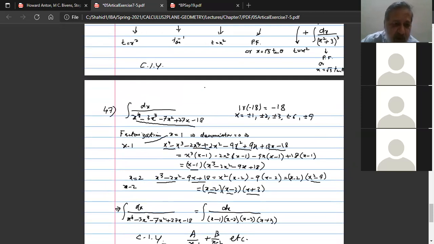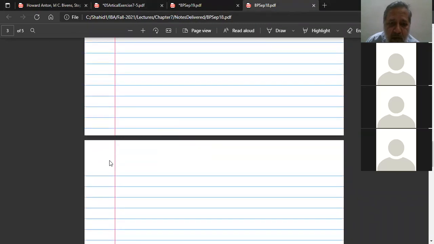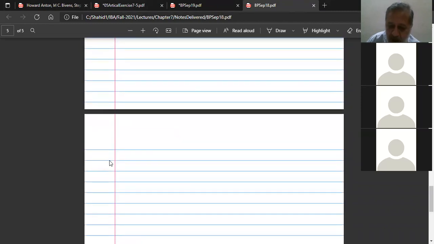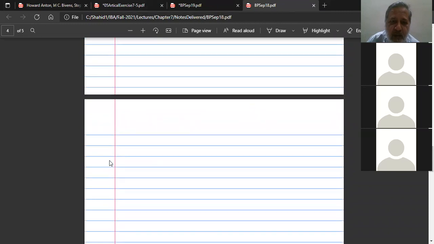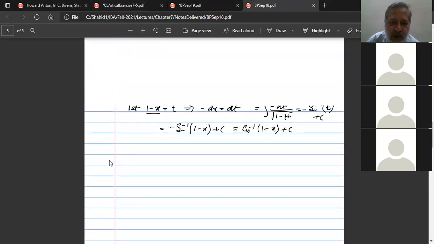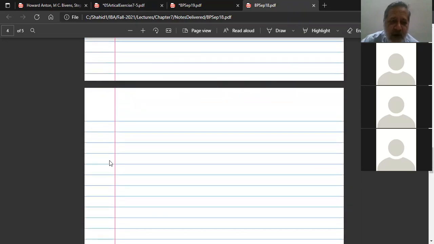Let me search for some empty pages. Yes, I have here some pages. ये मैं पहले शेयर कर चुका हूँ. I will re-share this with the addition of numerical integration.